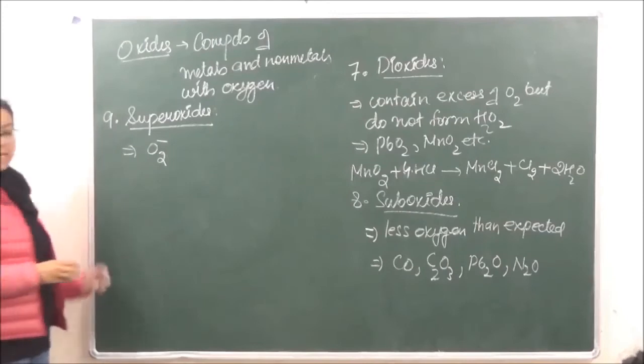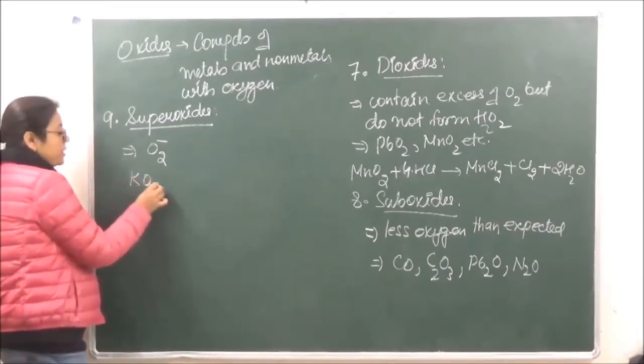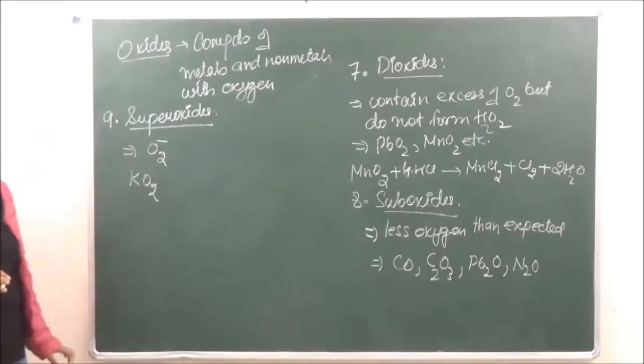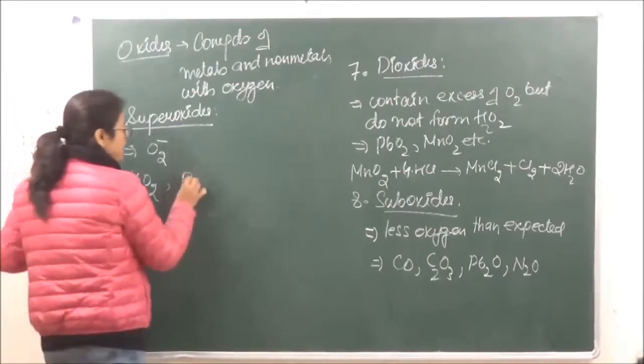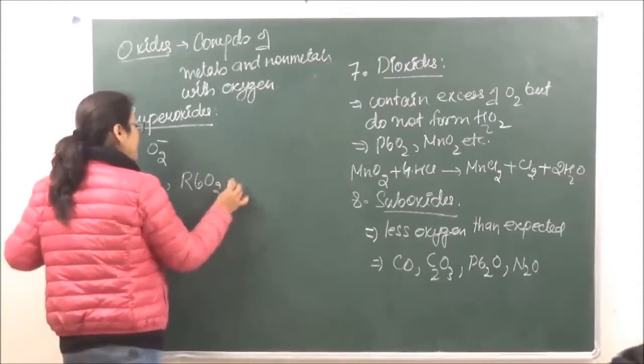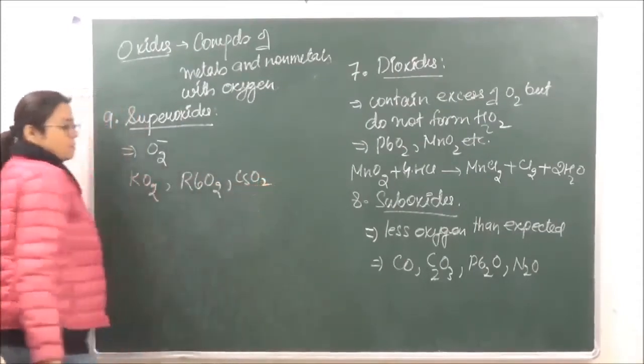Examples which we can take over here are potassium superoxide KO2, then we have rubidium, and cesium.